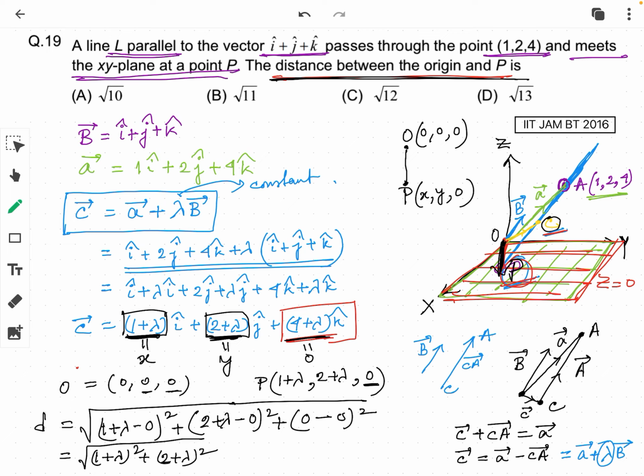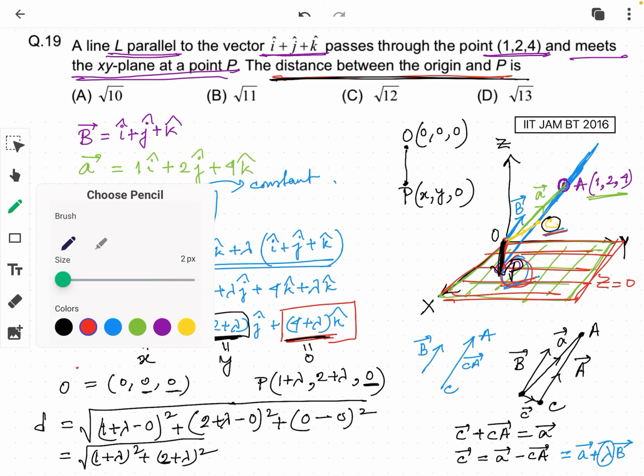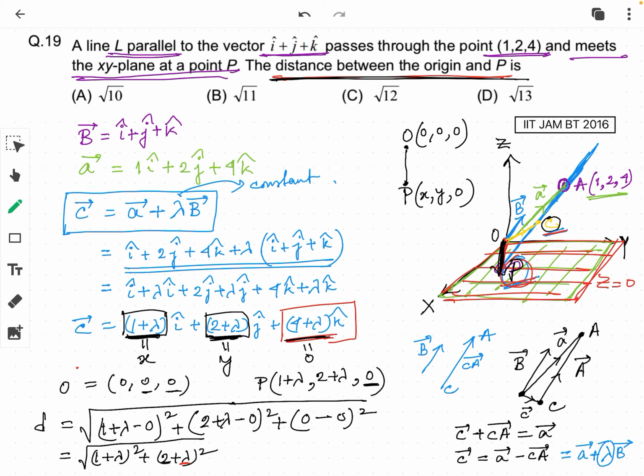Up to this we can reach. We don't have any further information to proceed. Now simply put in values for lambda. If lambda equals 0, d equals root over (1 plus 0) square, that means 1 square, plus (2 plus 0) square, that is 2 square, which is 1 plus 4, that is root over 5.